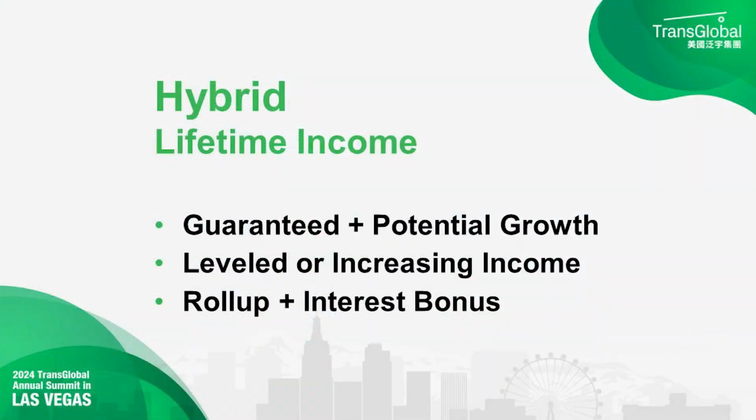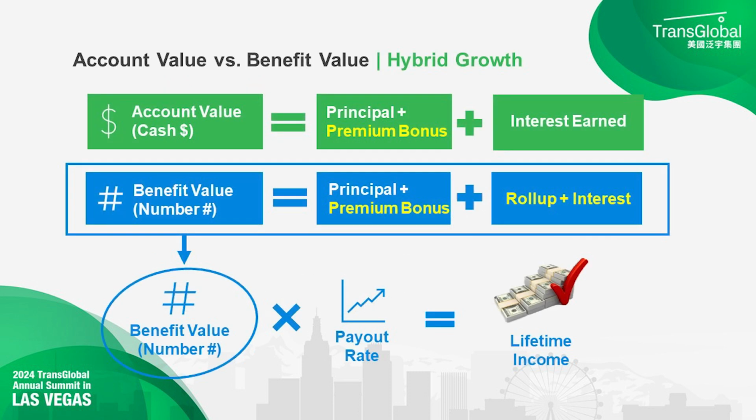How does it grow? It uses roll-up rate plus interest bonus. We have several companies that do that. So right now, the calculation, the structure of this, how this growth is roll-up plus interest.